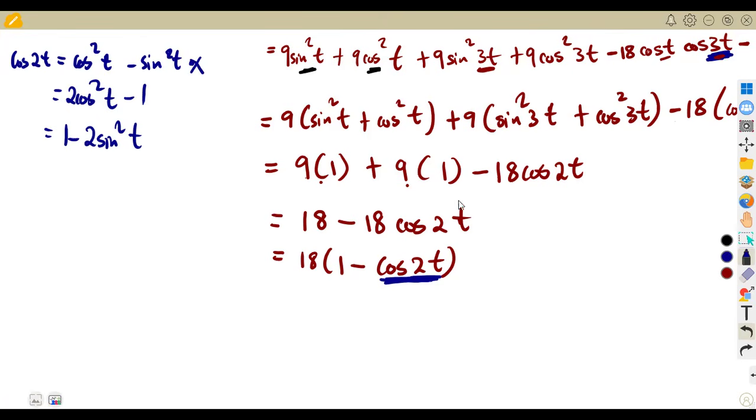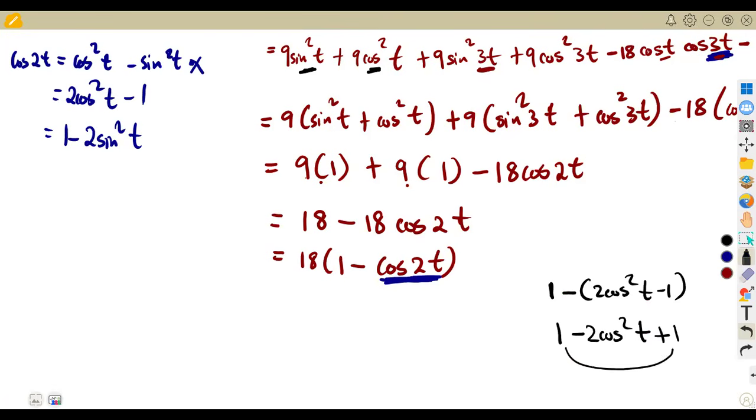If you are to substitute the cos squared, I want you to see what was going to happen. This is a 1 here. It was going to be 1 minus, you substitute this one, 2 cos squared t minus 1, like this. It was going to be 1, you expand, minus 2 cos squared t, you expand, plus a 1. I want you to take a closer look at what was going to happen. You have expanded.